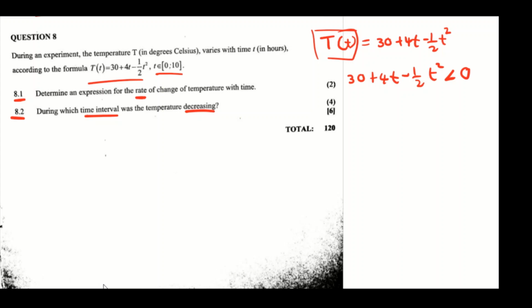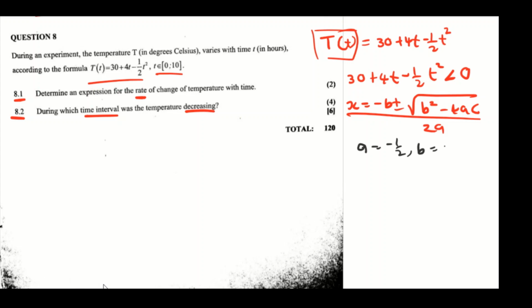And then from here, you're just going to use your quadratic formula, x equals minus b plus or minus the root of b squared minus 4ac, all over 2a. You substitute that into your formula, right? We know our a value is equal to minus 1 over 2. My b value is equal to 4. My c is equal to 30. Please, I assume you all know how to substitute into your quadratic formula.